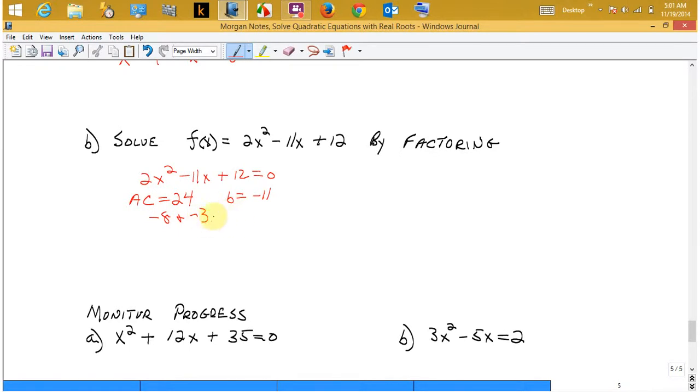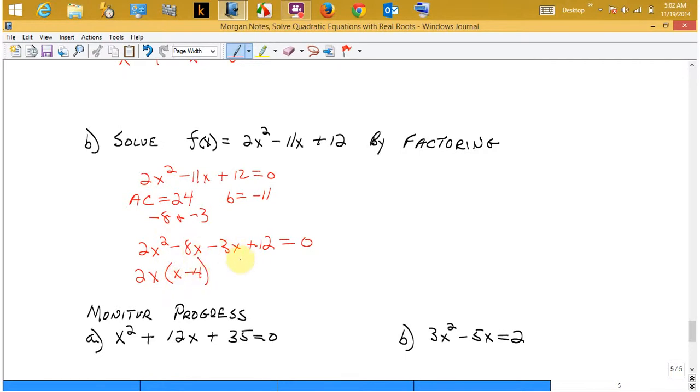So what I'll do now is rewrite the equation: 2x squared minus 8x minus 3x plus 12. That's using the AC middle technique. And so let's go ahead and group this. We'll factor a 2x out of the first term: 2x times x minus 4.